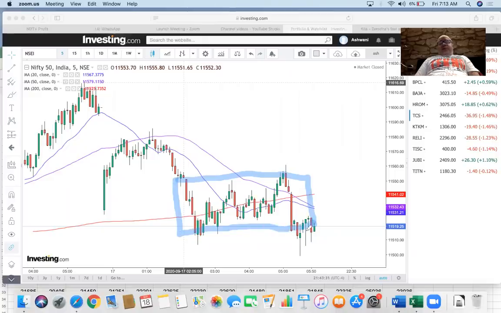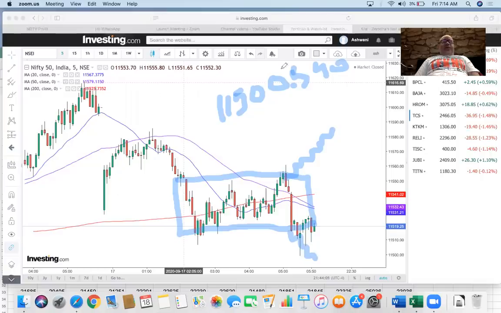Now if you can mark out this sort of a range, 11,500 to 540, okay, so anytime we get out of either side of this range, you will get follow through.